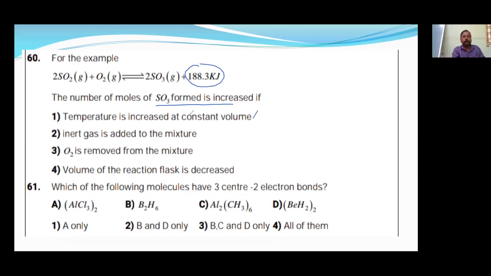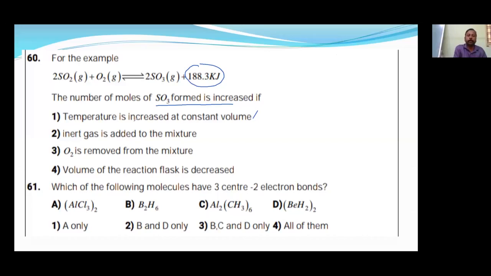Inert gases added to the mixture: addition of inert gas, oxygen, and all are explained in the one shot on chemical equilibrium. For addition of inert gases, there are two parts, at constant volume and constant pressure. So what is the answer? Just let me know.